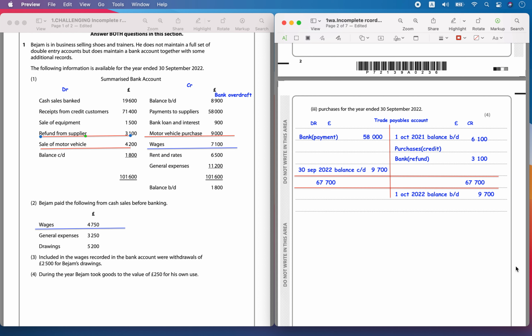Now 67,700 minus 6,100 minus 3,100. That value is 58,500. So that is the credit purchases that have happened, 58,500.